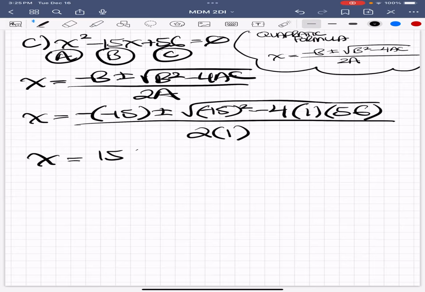So this would be 15 plus or minus, and we're going to simplify the discriminant.